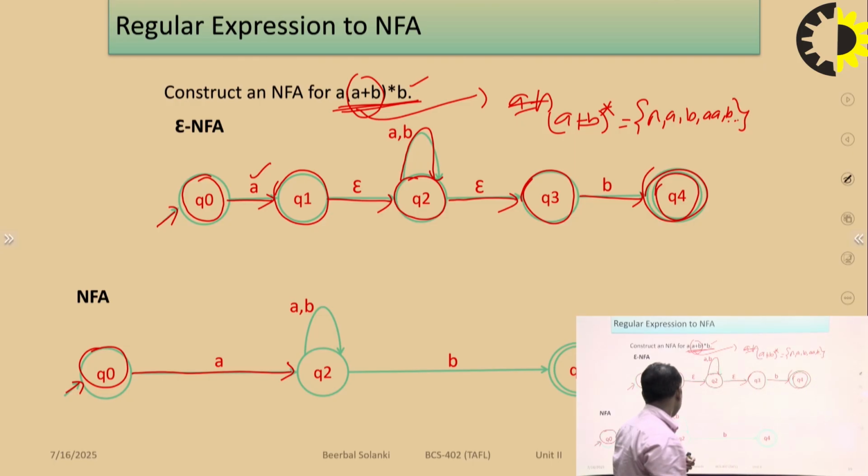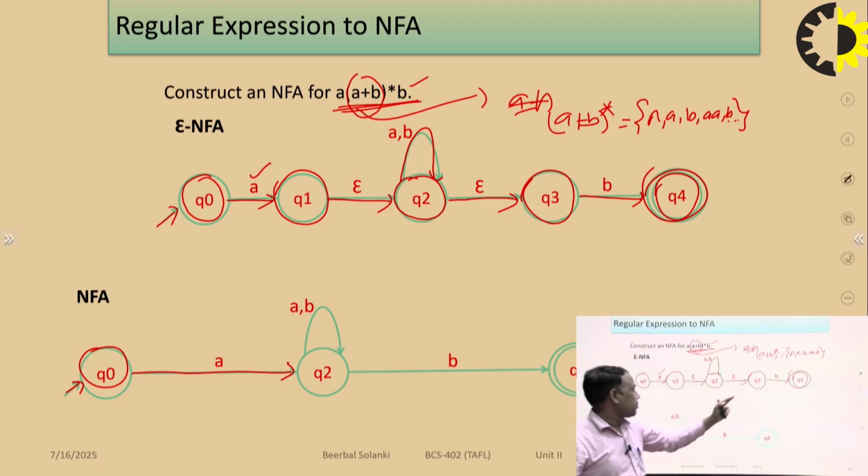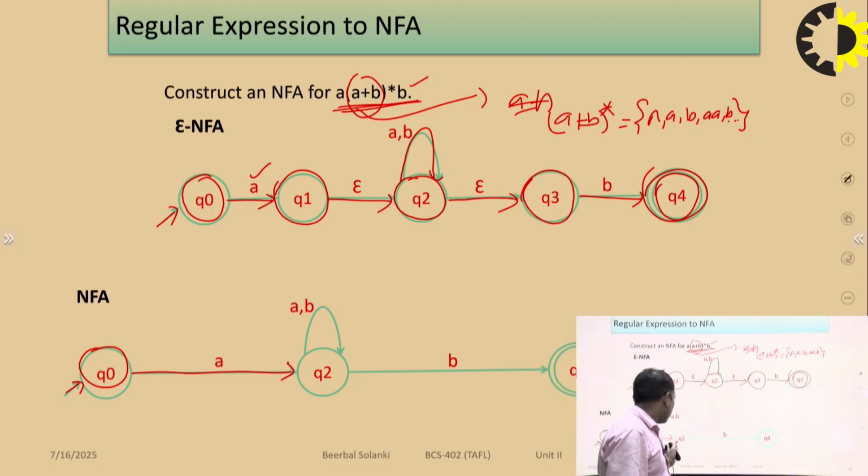Now the meaning of this is: start from the initial state Q naught and take the input a, and then we have a choice. It can be epsilon. So we simply pass the a here to b, simply take the input a and b, and take the epsilon from here. So we do not take the input a and b, so a b is also accepted here.